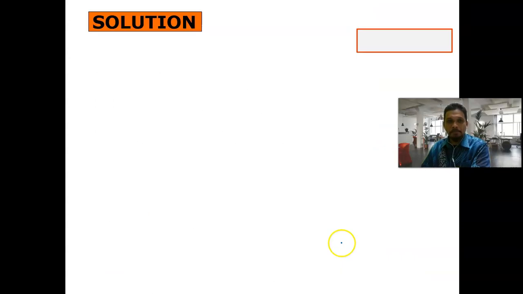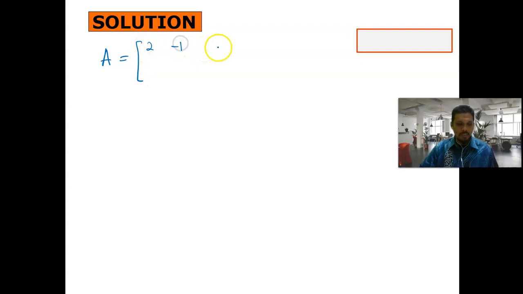Okay, so now let's recall, write the matrix again. Recall the matrix of A again. A equal to 2, -1, -3, 0, 0, 1, and 0, 5, -4.